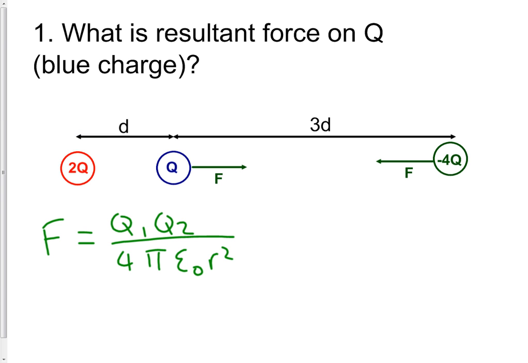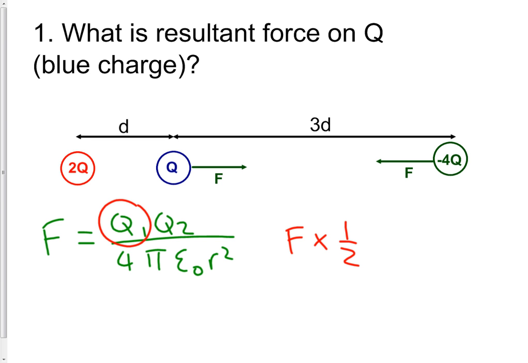Well, the magnitude of the charge is half, from 4Q to 2Q. If you halve one of the numbers in this, that's going to halve your force overall. So the force is going to be F, the same as the green force, times a half, because the charge is halved. But that's not the only thing that's different.